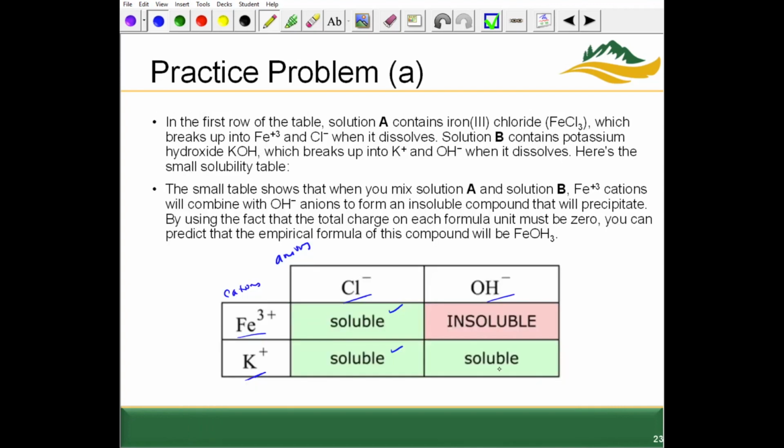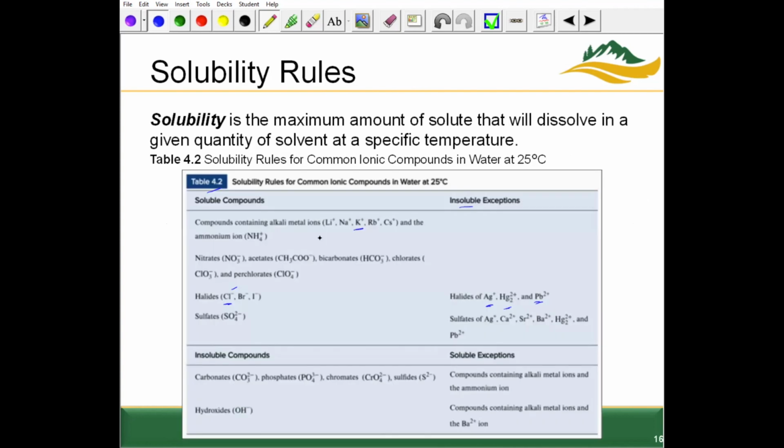Let's do the next soluble one. So let's do potassium with hydroxide. Then we'll also need to look at hydroxide with iron 3+. So here's potassium. Compounds containing alkali metal ions like potassium are always soluble. So potassium hydroxide then is also going to be soluble. The next one though, OH- but with iron 3+.